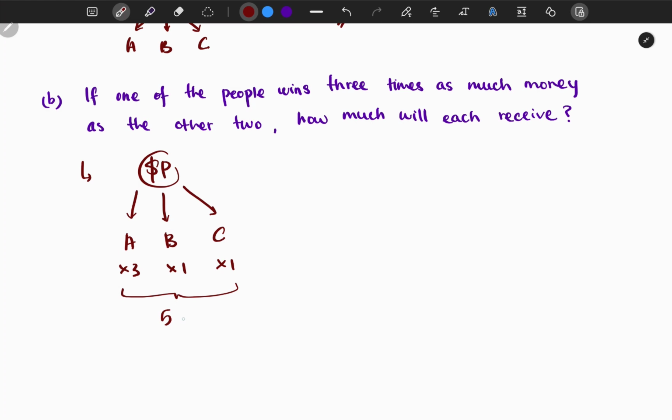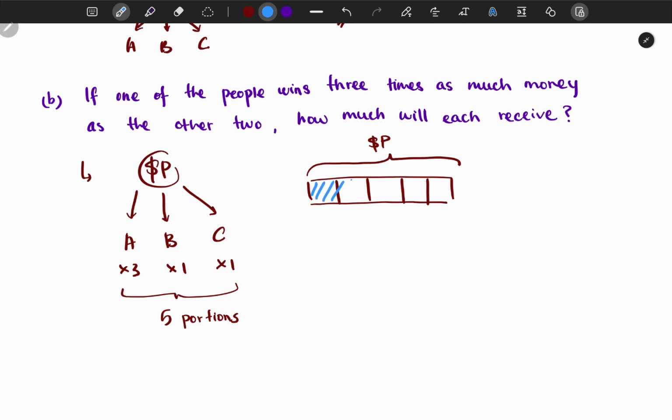So in this case, you want 5 portions to split the prize of P dollars. Once you have split it into 5 portions, then person A can take 3 of those portions, which you do by multiplying by 3, and everybody else just takes 1 portion, right?